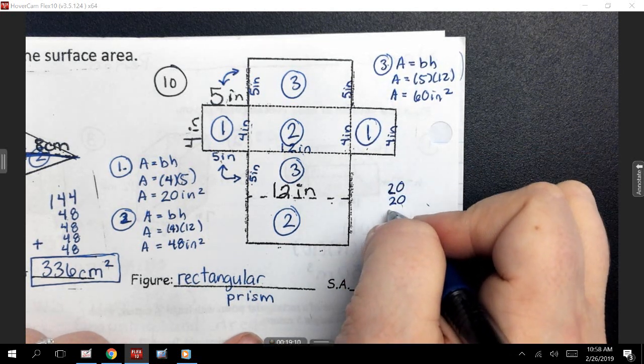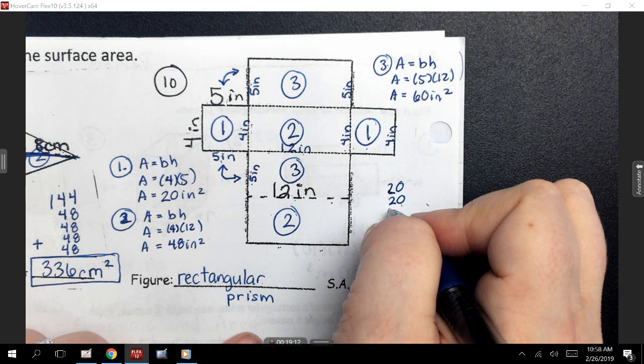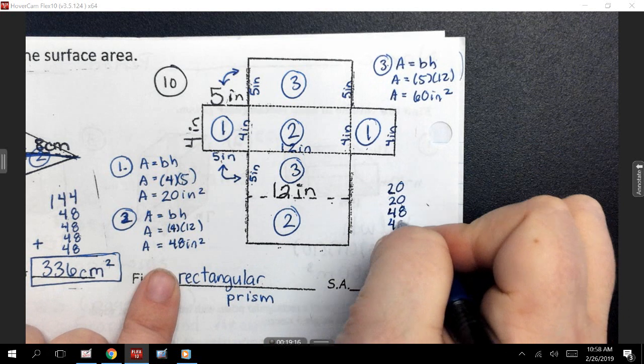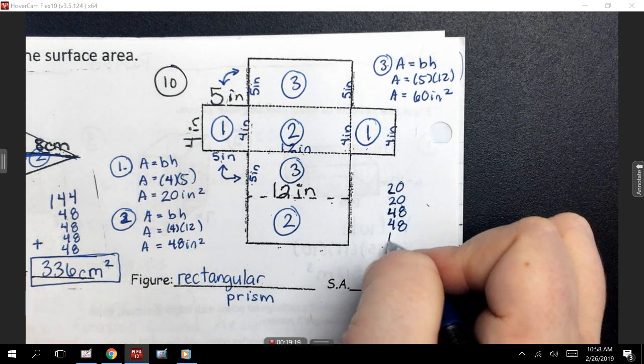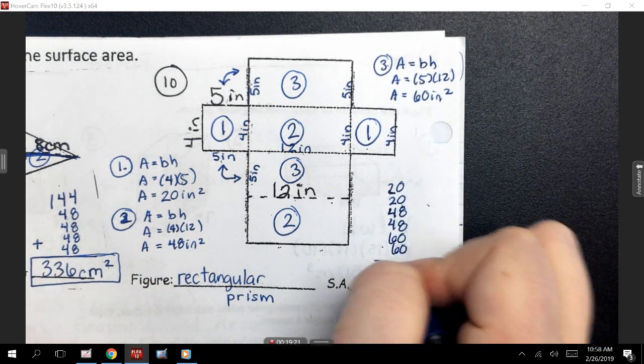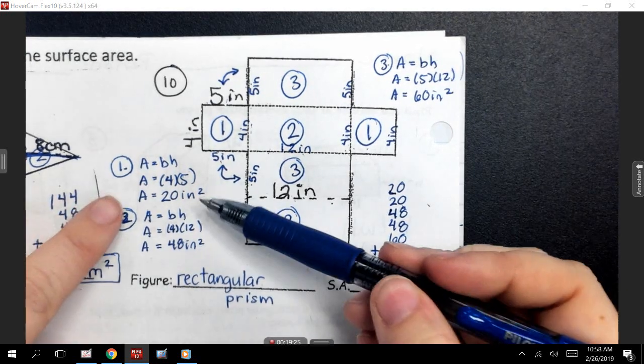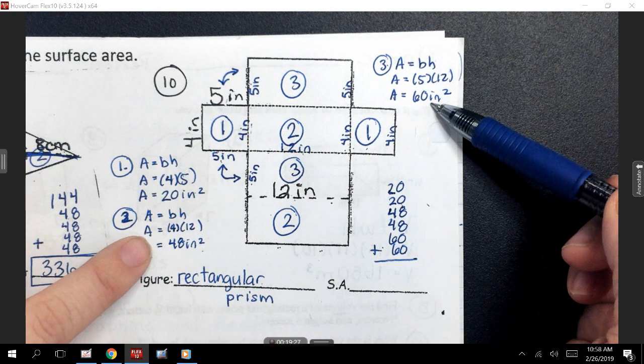And? 48 twice from the 2, good. 48 twice and? 60 twice. So do you see how, because there were 2 1s, 2 2s, and 2 3s, we did 20 twice, 48 twice, and 60 twice?